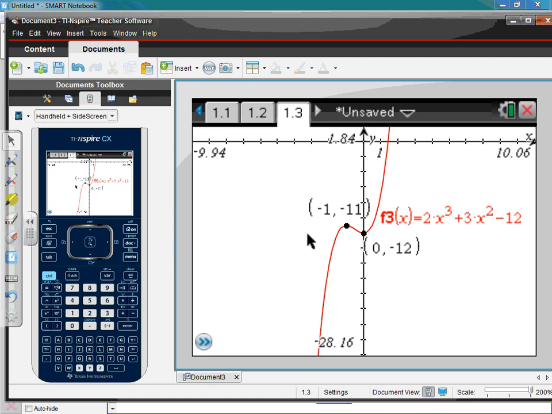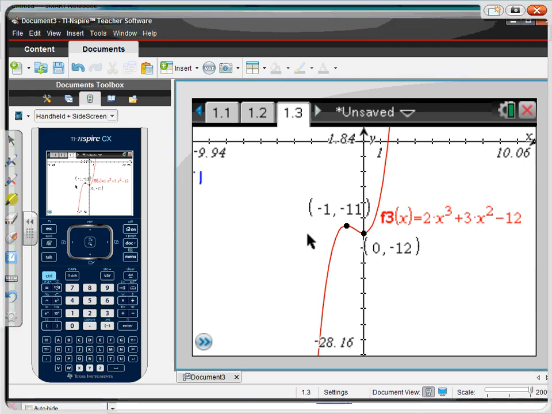Okay? Now, why would this be helpful to me? Why do I need to know those max and mins? Because how do you read increasing, decreasing, constant values? From which direction? Left to right. So this thing is increasing from which direction? From the left. I'm increasing from -infinity to where?